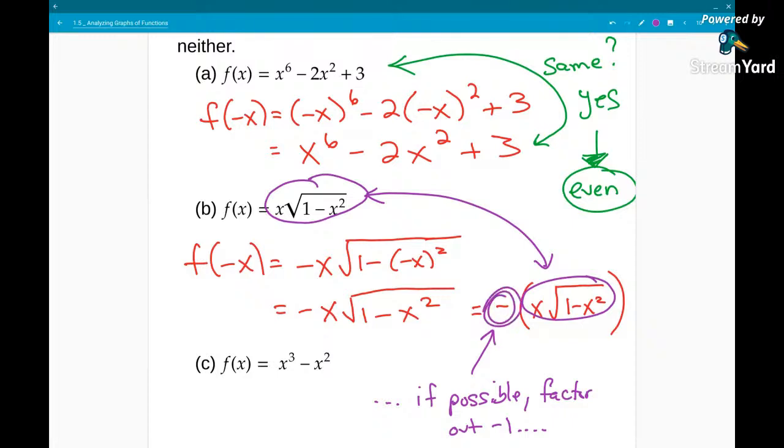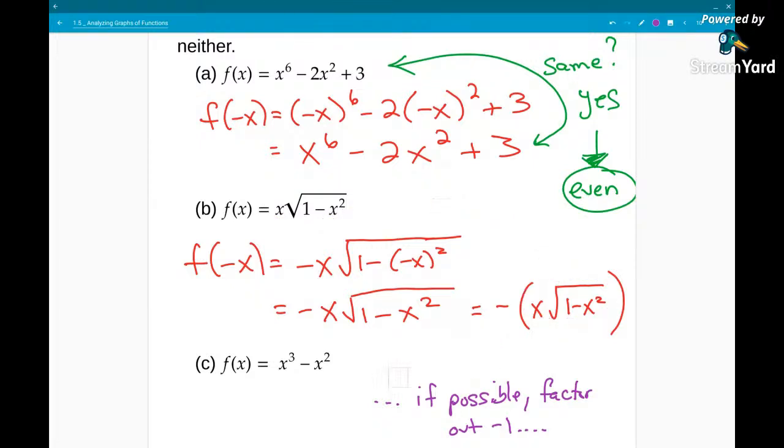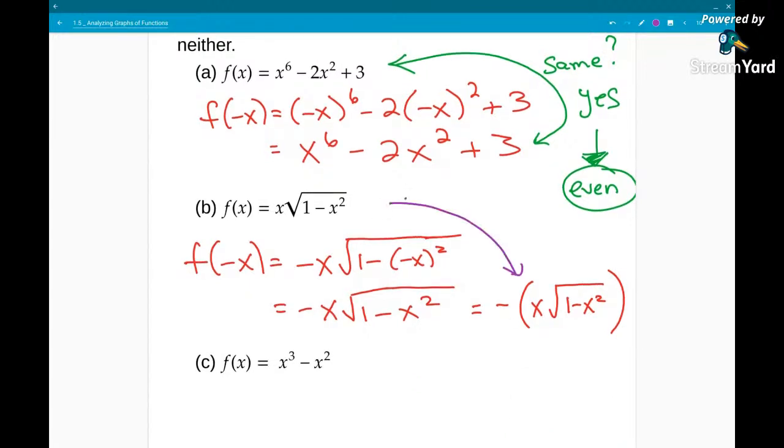So if we didn't have this darn negative sign, we would be looking at an even function. But we do have this darn negative sign, so guess what? We don't have an even function, but this is opposites. So we are looking at an odd function.